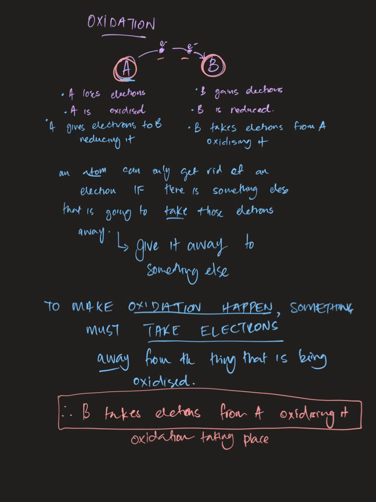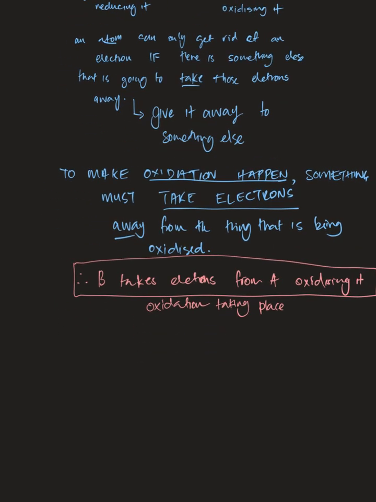And if I have that sort of setup, then I can say that B is the oxidizing agent. The reason being, number one, it helps A to lose electrons.